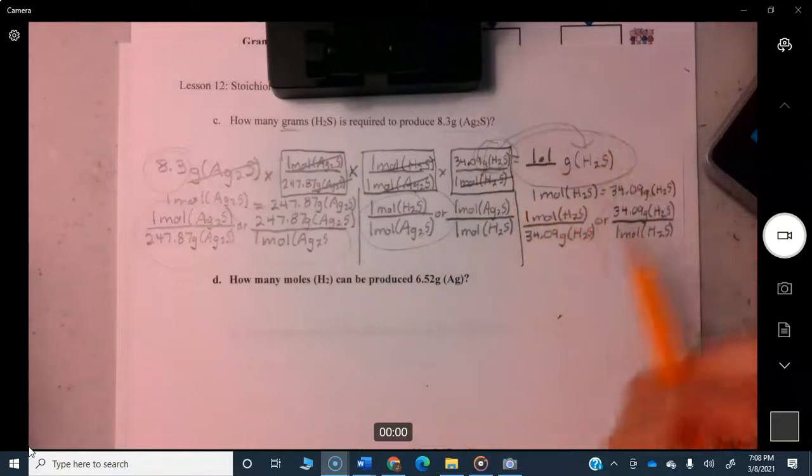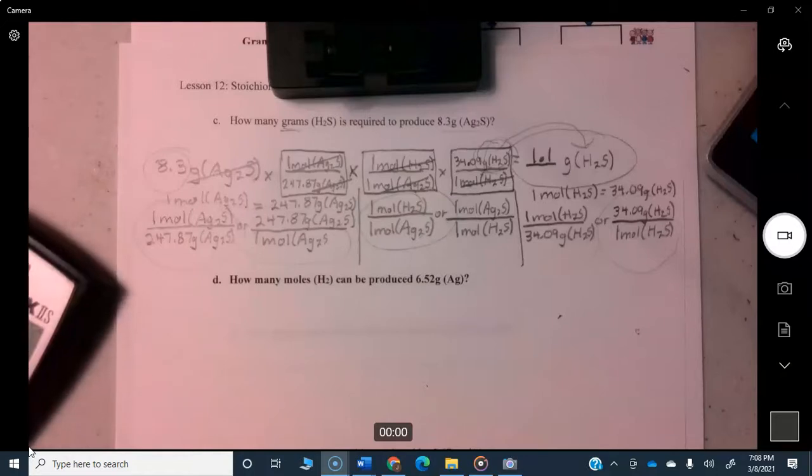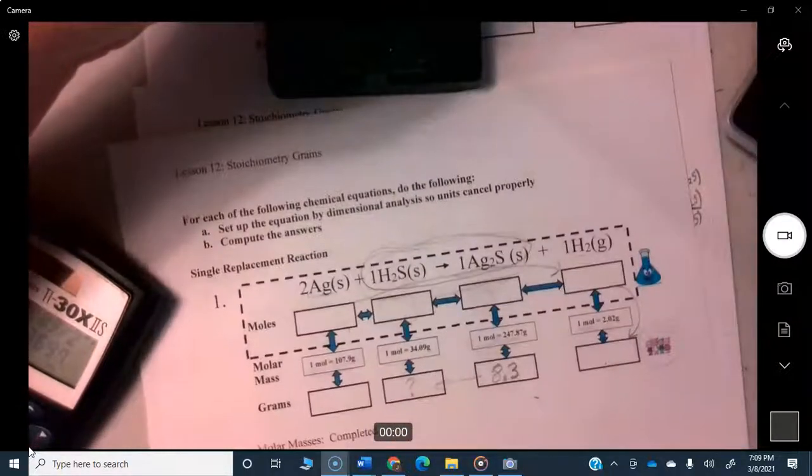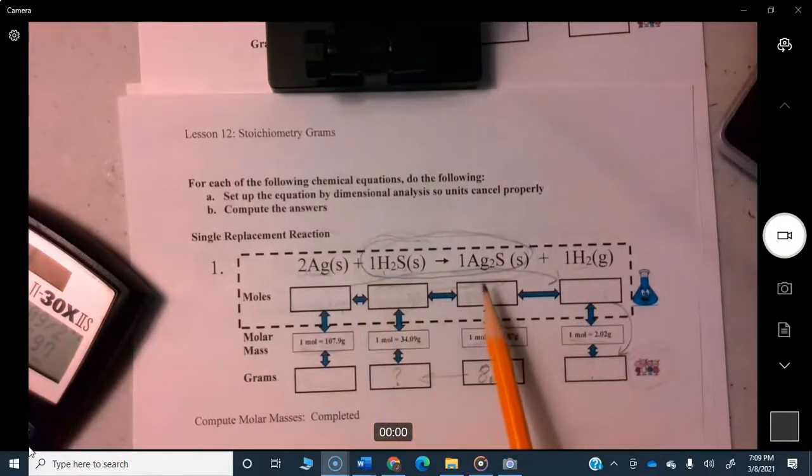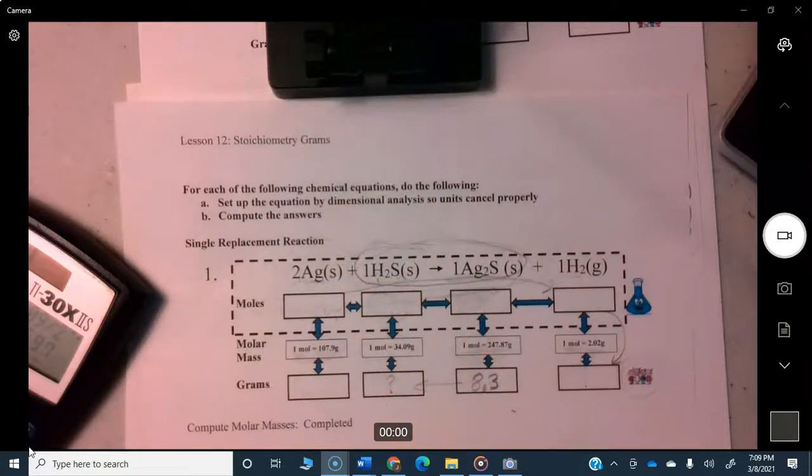That's how many grams of H2S you will get out if you put in 8.3 grams of Ag2S. Or I think it's the other way around, right? Over here, sorry. Yeah, it's how many grams of H2S you would have to put in order to come out with 8.3 grams of Ag2S, okay?